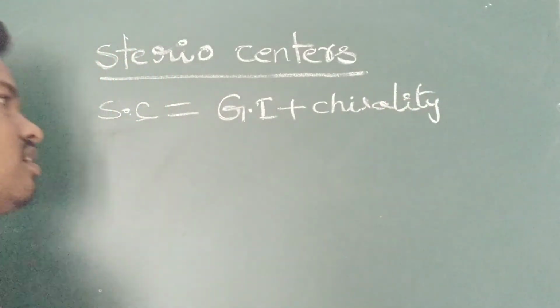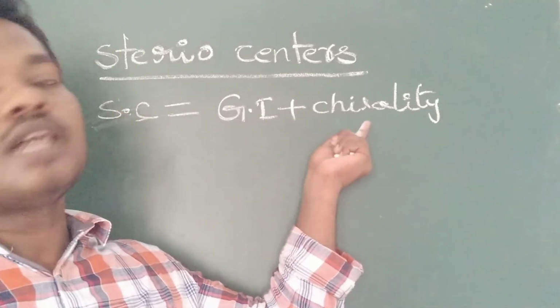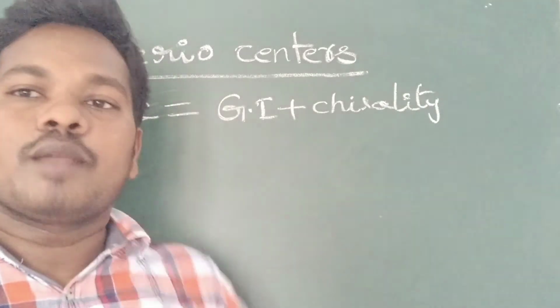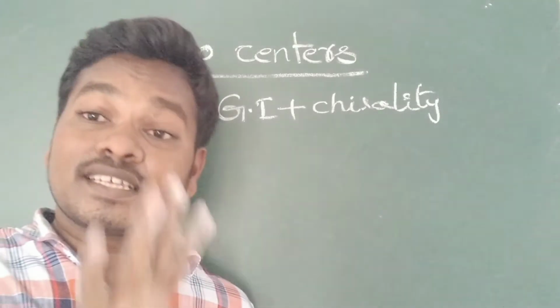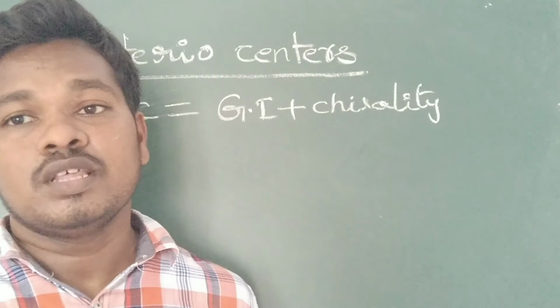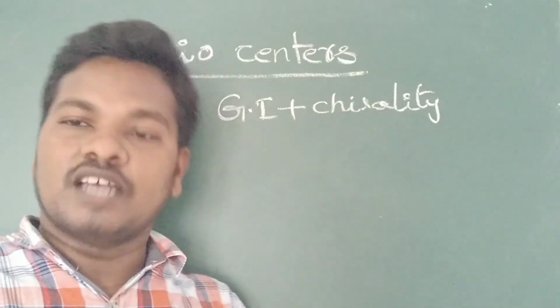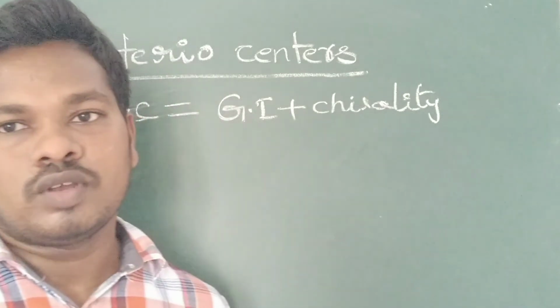If the carbon is showing chirality, that is called a chiral carbon. If the nitrogen is attached with 4 different groups exhibiting sp3 hybridization, that is called a chiral nitrogen; chiral phosphorus, chiral oxygen also can be called.